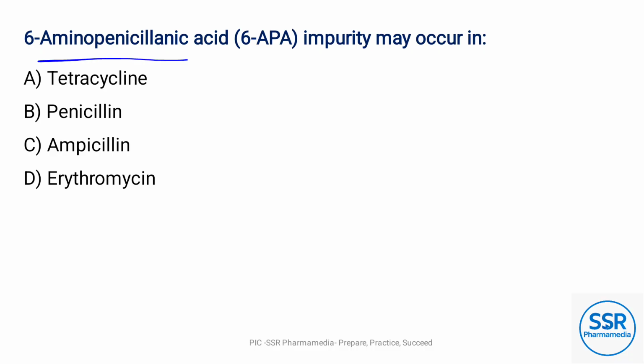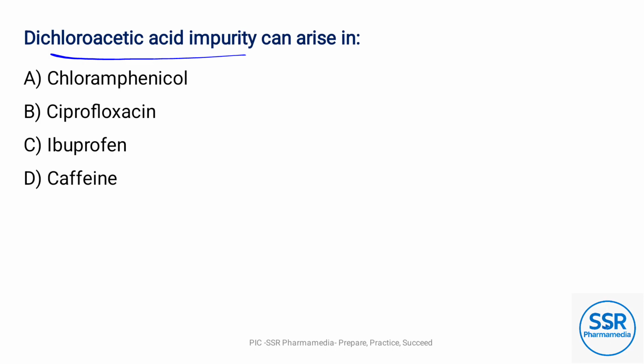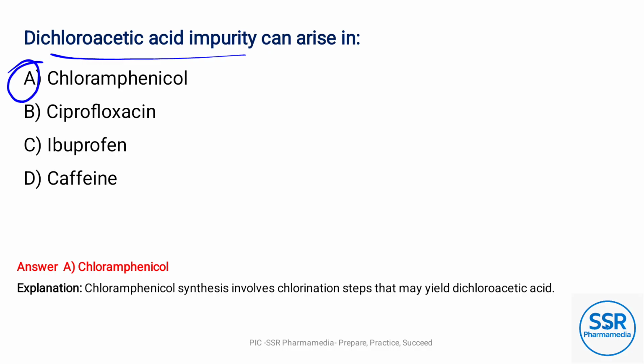6-aminopenicillanic acid impurity may occur in, option B is the correct answer, penicillin. So 6-aminopenicillanic acid is an intermediate and potential impurity in penicillin synthesis. Dichloroacetic acid impurity can arise in, option A, chloramphenicol.